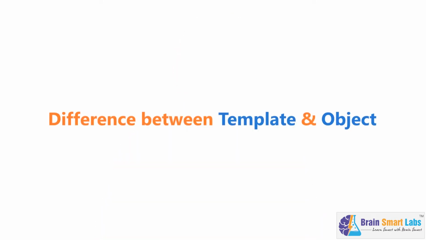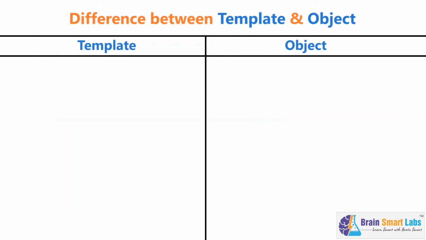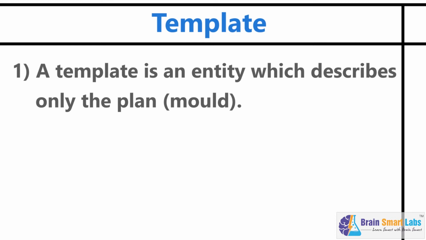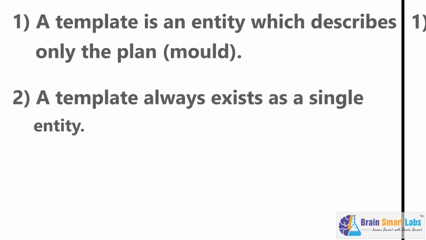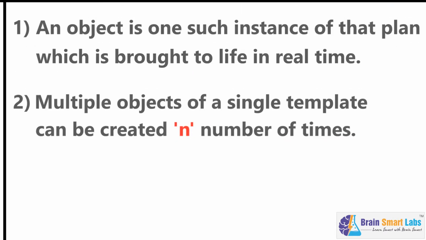In today's session, let us first start seeing an important interview question: difference between a template and an object. A template is an entity which describes only a plan or a mold, whereas an object is one such instance of that plan which is brought to life in real time. A template always exists as a single entity, whereas multiple objects can be created n number of times using a single template.